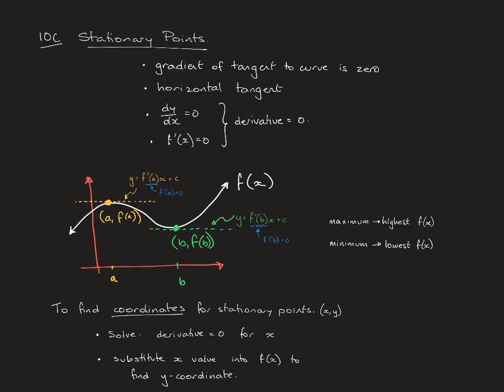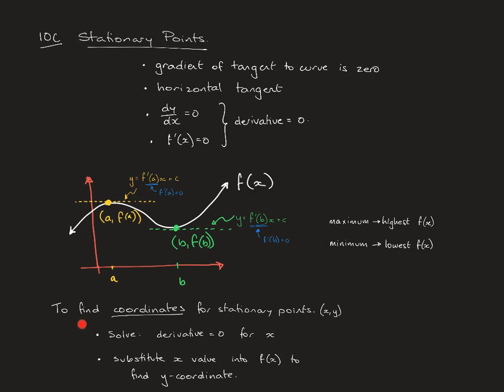It is the largest f of a value in this whole area, so this point is the maximum. In this little region of the graph, this point has the lowest f of x value, so this is a minimum point. So the maximum stationary point, a turning point, has the highest f of x value, and the minimum has the lowest f of x value.